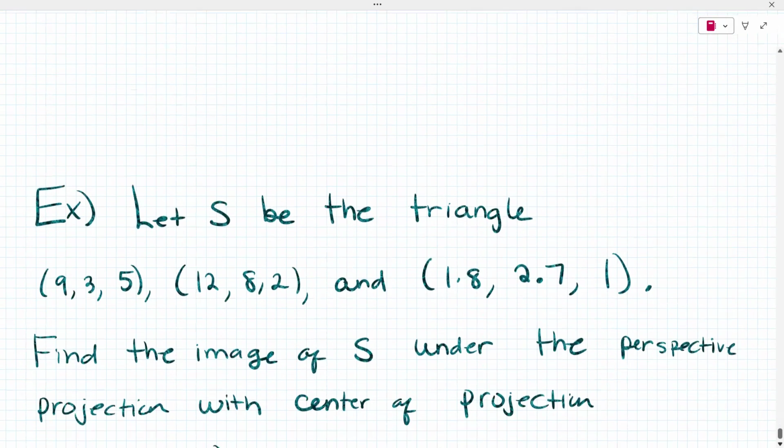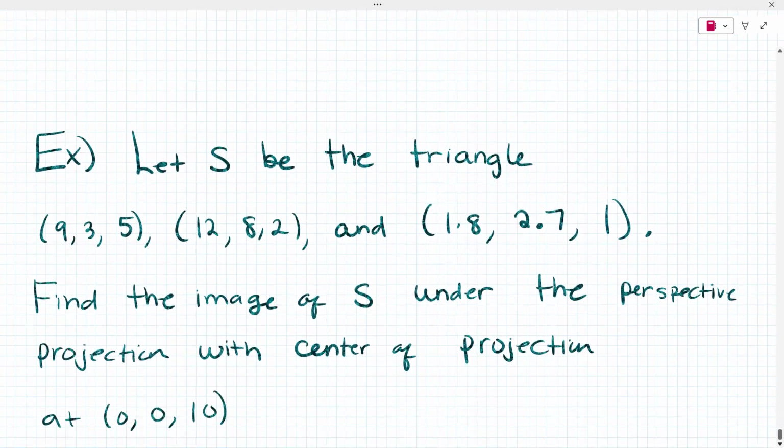Our final example says, let S be the triangle with coordinates 9, 3, 5, where x is 9, y is 3, and z is 5, and then 12, 8, 2, and 1.8, 2.7, 1. Find the image of S under the perspective projection with the center of projection at the point 0, 0, 10.